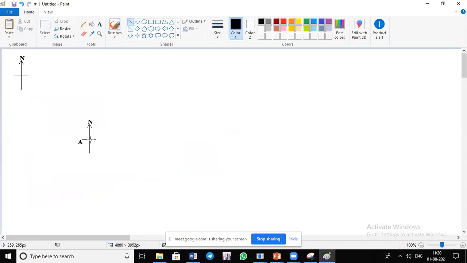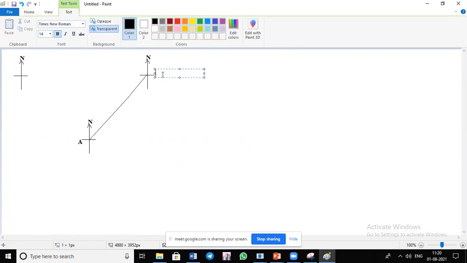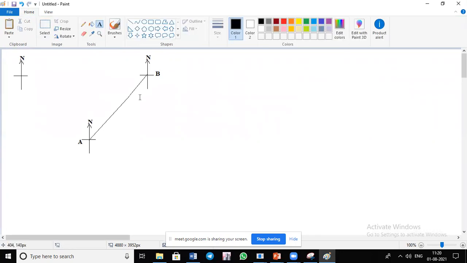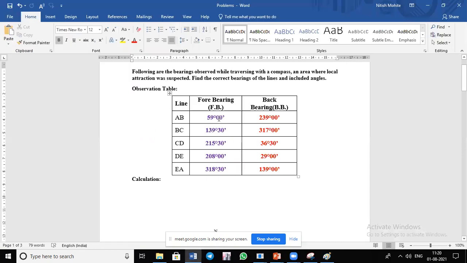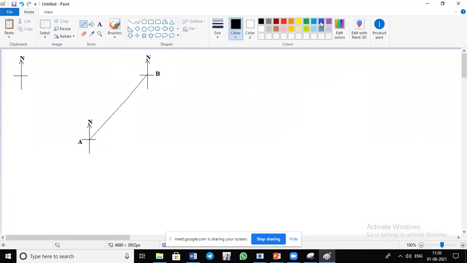Likewise, that line will be here, and here will be the station B. The angle given here, 59 degree, was measured.